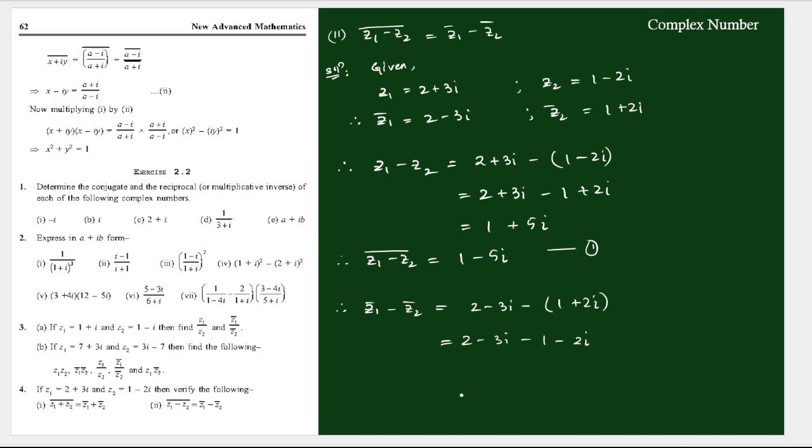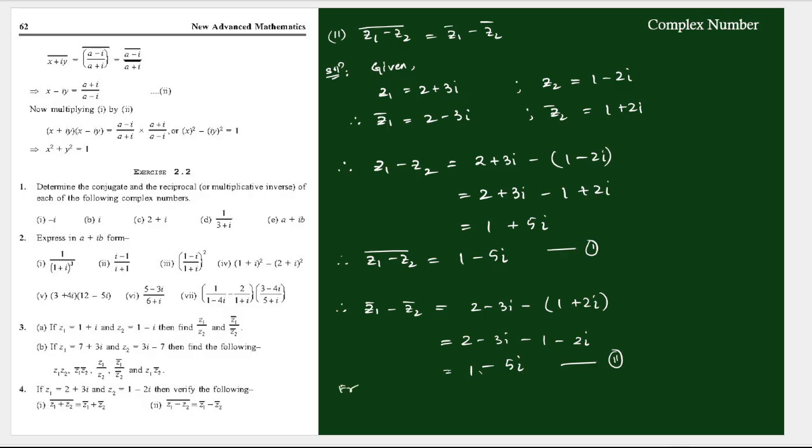So 2 minus 1 is how much? 1, right? Then 3i is how much? Minus 5i. Same as this one, number 1.